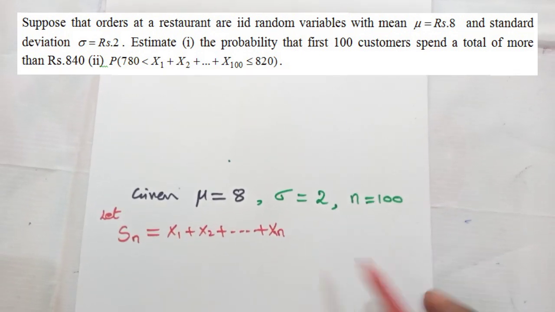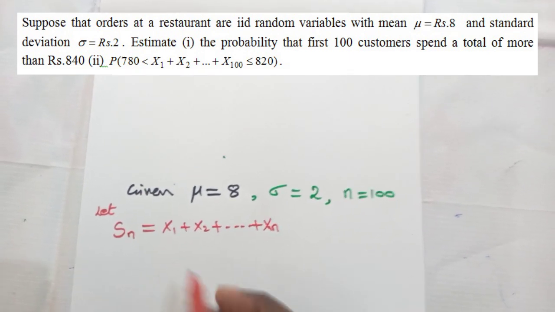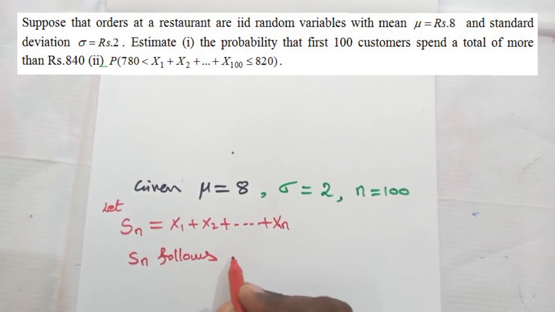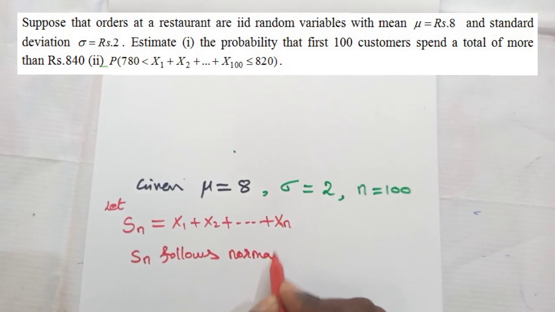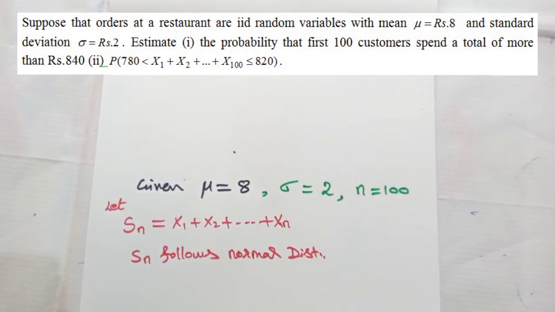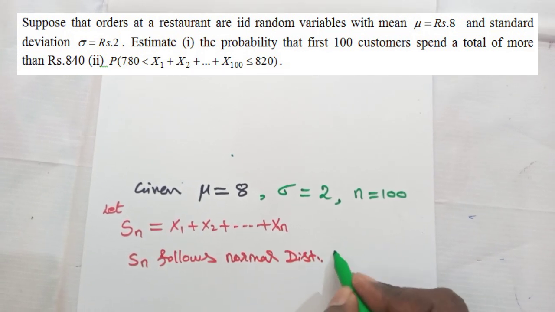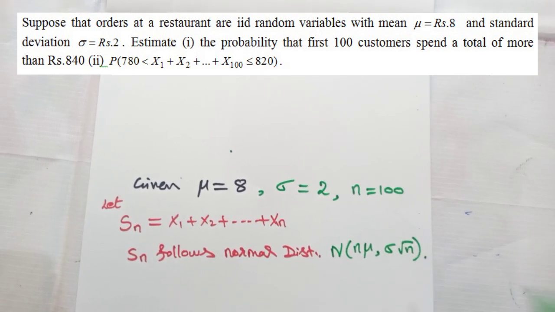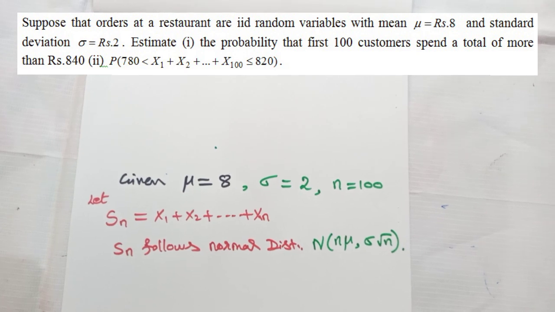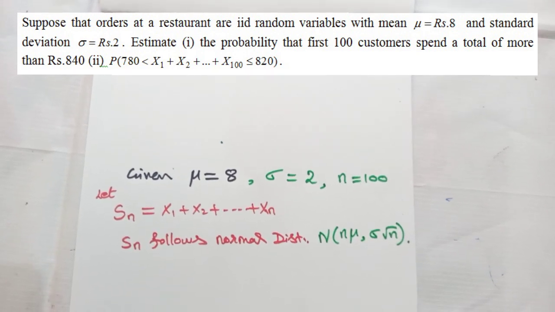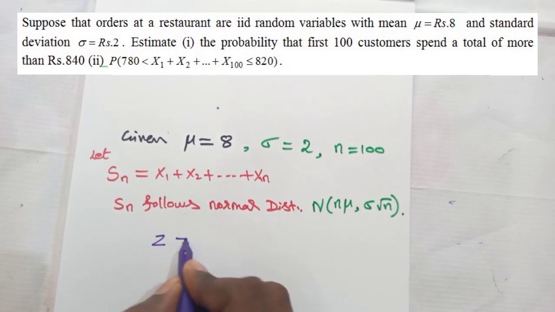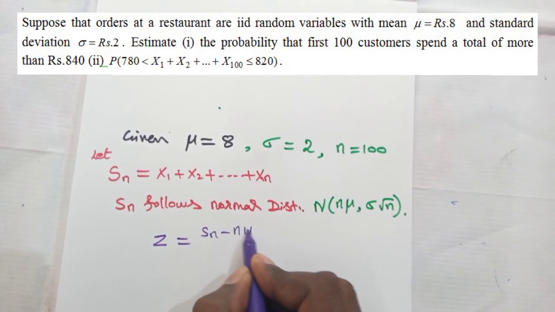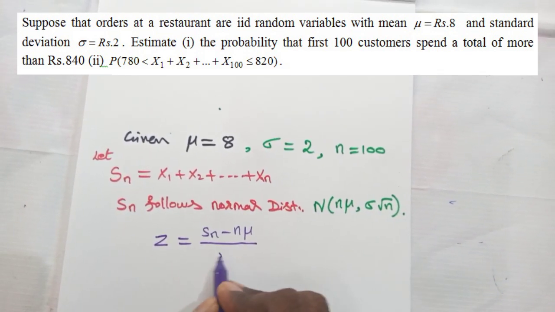Then Sn follows a normal distribution N of n mu comma sigma root n, such that z is equal to Sn minus the first value, n mu, by the second value, sigma root n.